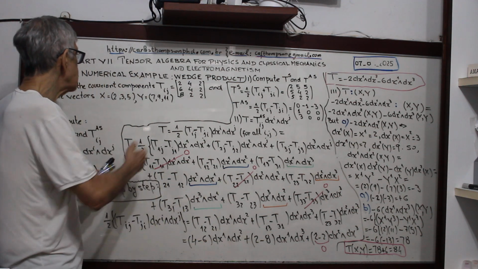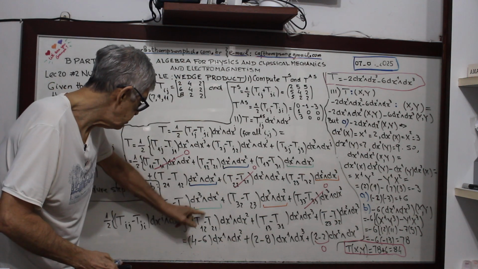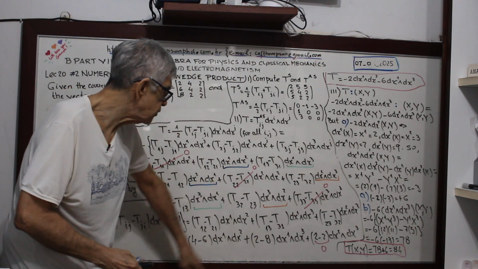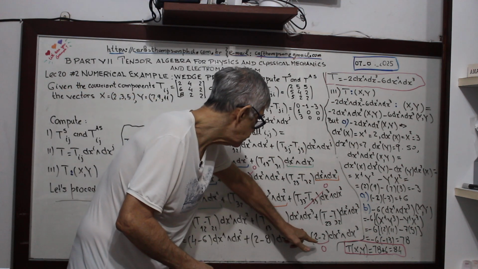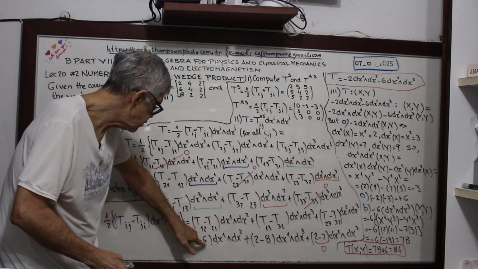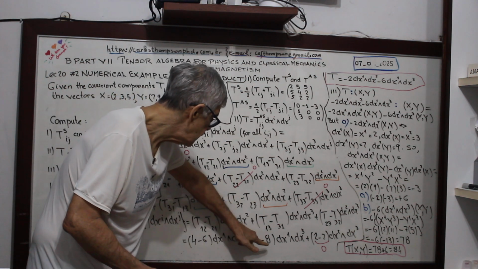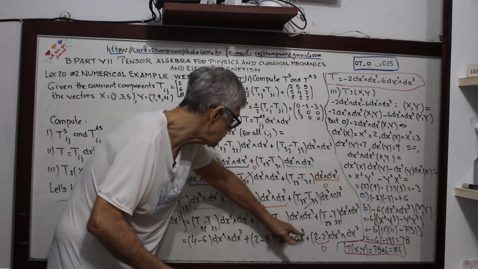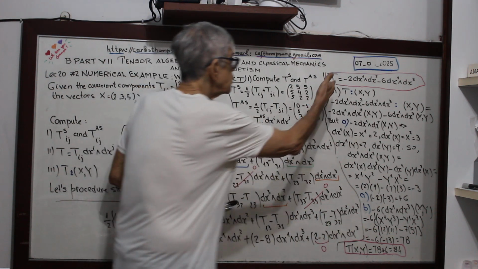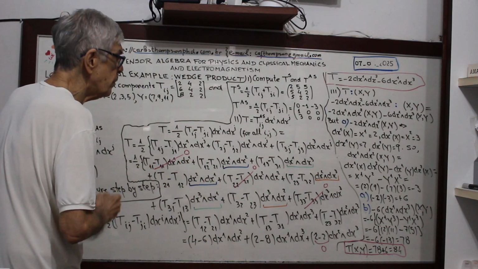You just look at this matrix over here. This will be 4 minus 6. This is 2 minus 8. And this will be 2 minus 2. Then this will be minus 2 dx1 dx2 plus this guy, minus 6 dx1 dx3 plus 0 dx2 dx3, which is written there. So it's quite clear, no problem.